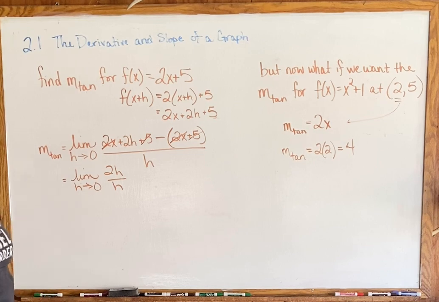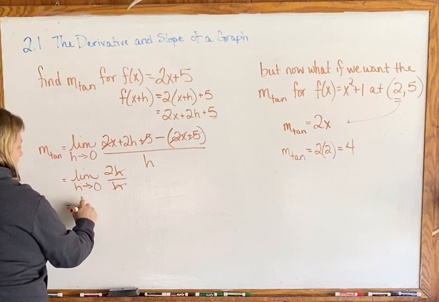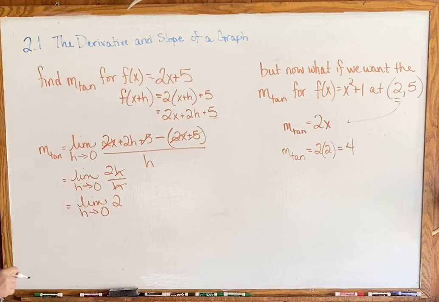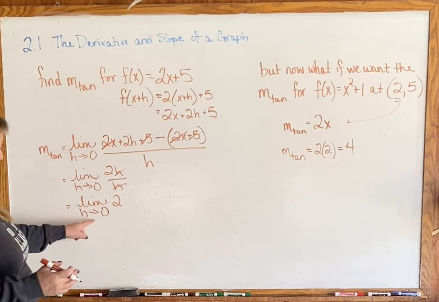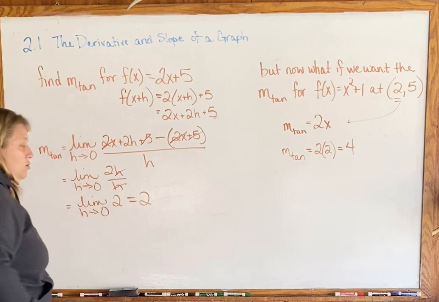But lucky for us, those h's cancel, so we're left with the limit as h approaches 0 of 2. Okay? And we know that the limit as h approaches 0 of 2 isn't going to change, right? There's no 0 to plug in there. So the answer here is strictly 2.